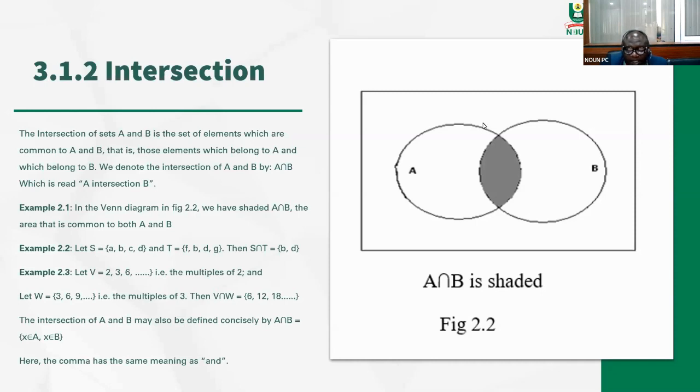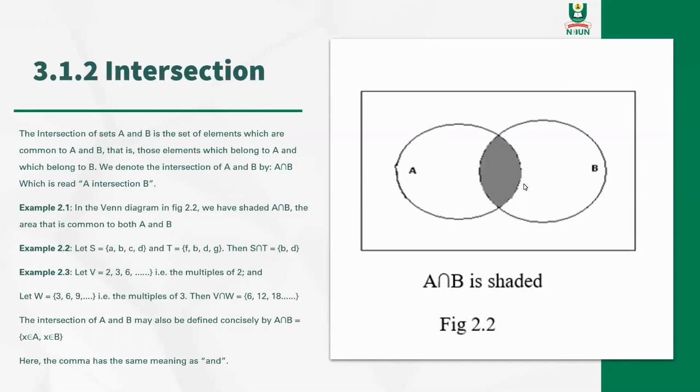So the Venn diagram is as seen now. This is set A. Can you see the whole ball? This is set B. If you look at them very well, they intersected. Can you see the point of intersection? Yes, sir.